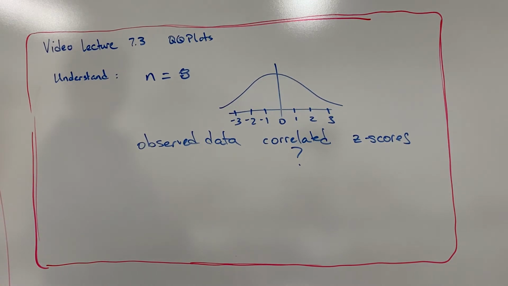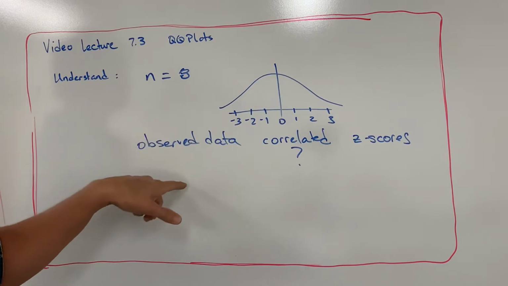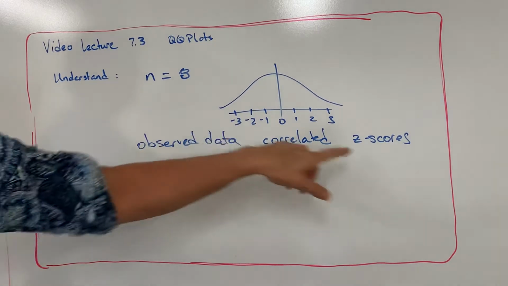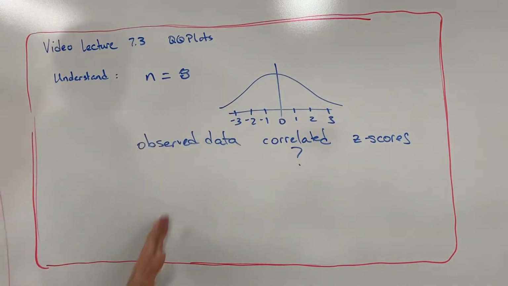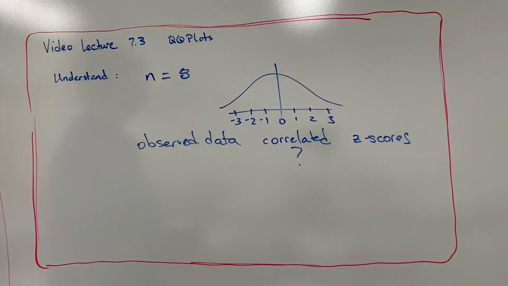So if you were doing this by hand, this would be kind of lengthy because you would have to take each of the observations, use a formula mathematically to convert it to a z-score, and then plug in all your data, your observations, and plug in all your z-scores and find out if those are correlated. However, the nice thing is that we get to use StatCrunch for this.